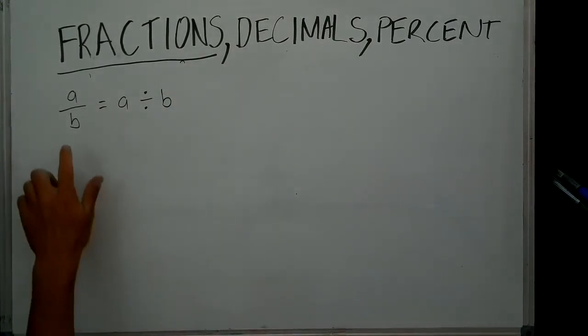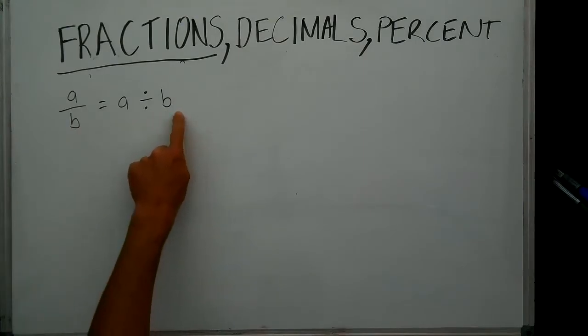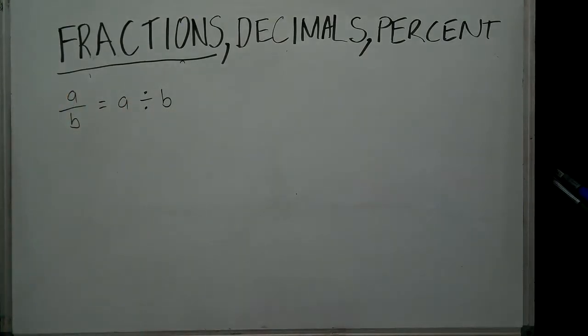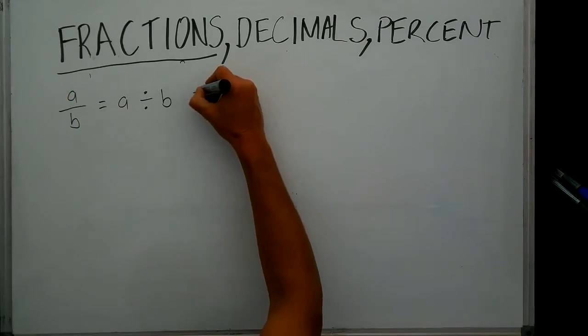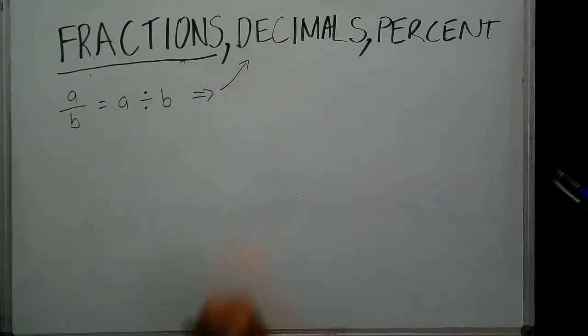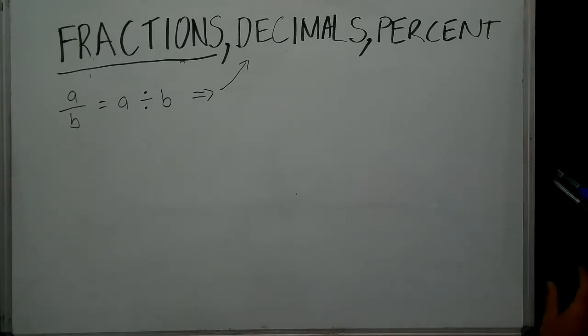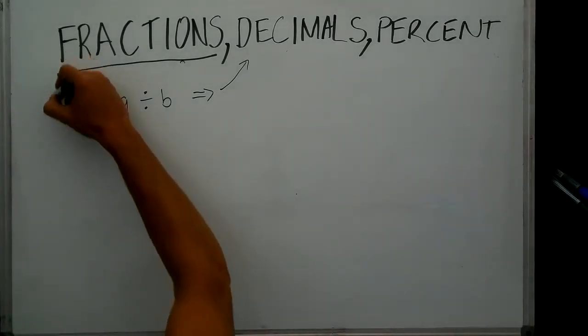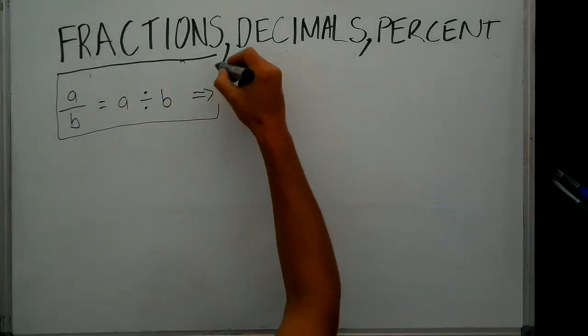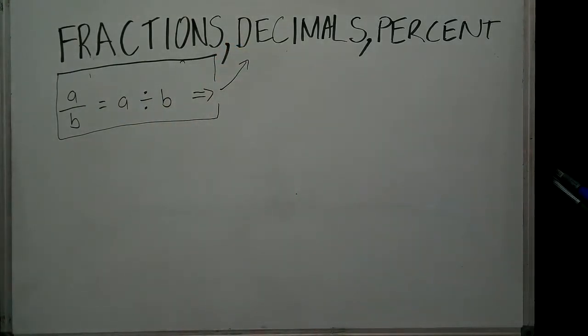Now if you type this into a calculator, a divided by b, it turns it into a decimal, and you will get the decimal representation. Okay, so now I'm going to talk a little bit about decimals.